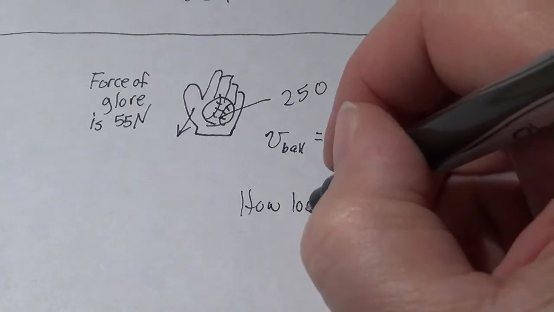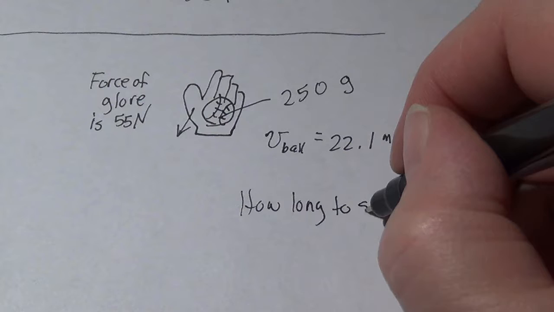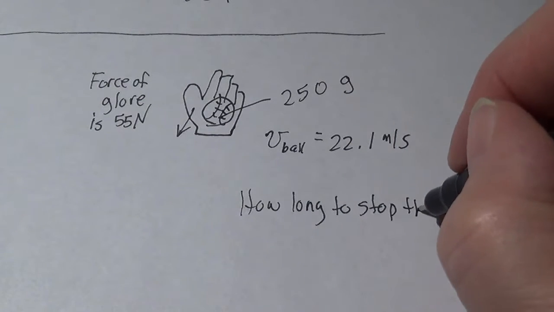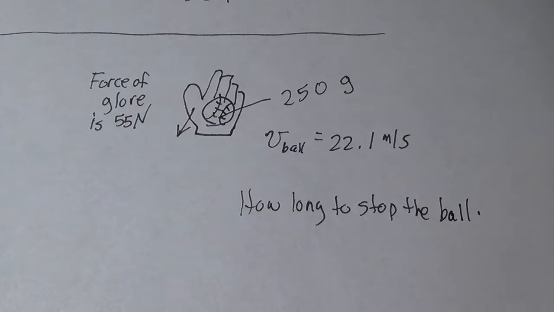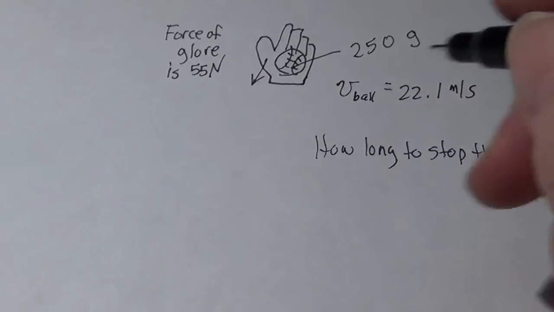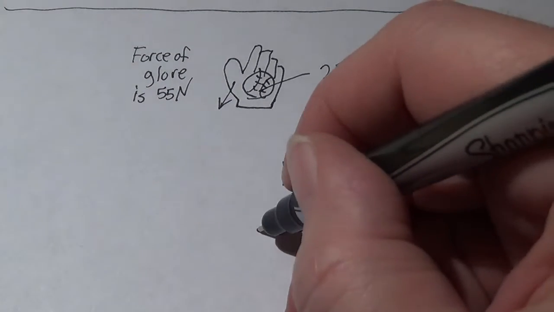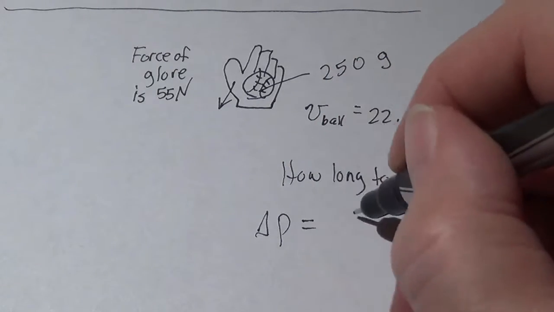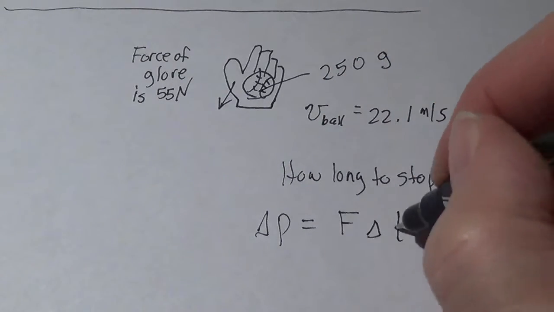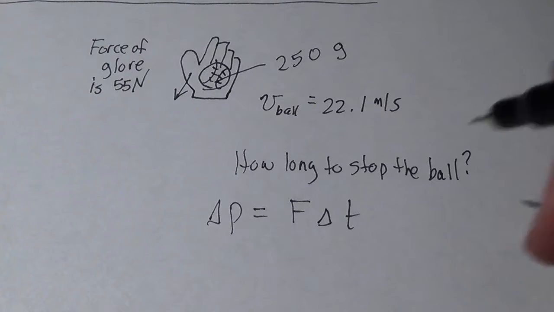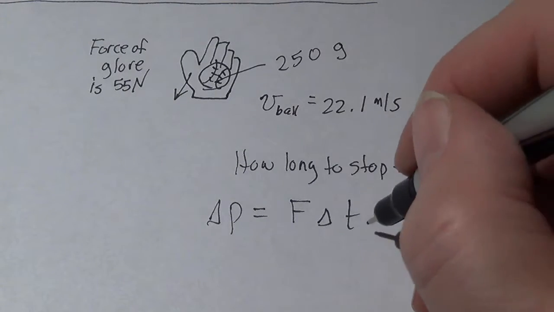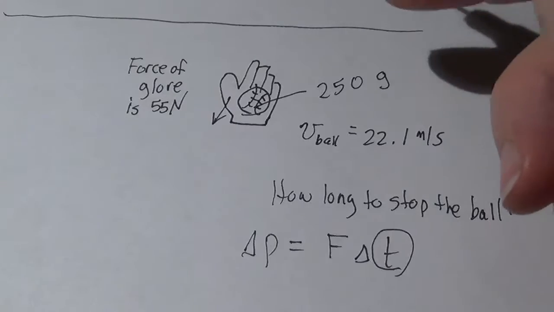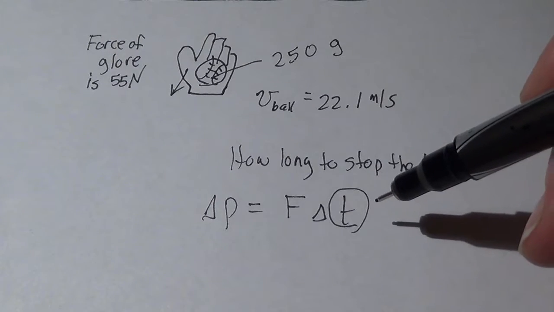How long to stop the ball? All right, so let's check that out. Anything with time is going to use our FAT equation. So we see time in this problem. And how long is time? So again, that's what we're looking for. No, the other one was force. So this time we're looking for time.